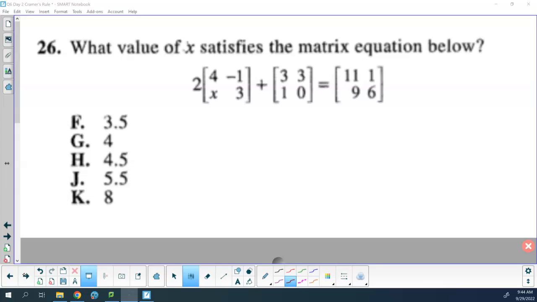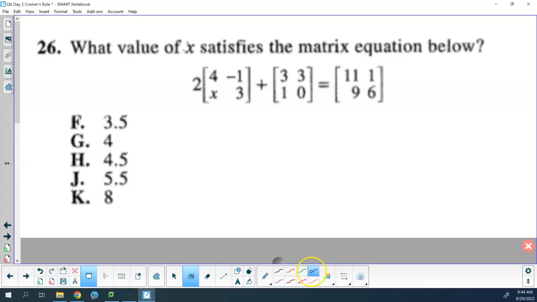So I want to get to, we found some ACT problems that go along with matrices. And since most of you are juniors or seniors that are going to be taking the ACT once again, we wanted to expose you to said problems. So we need a value of x that satisfies it.